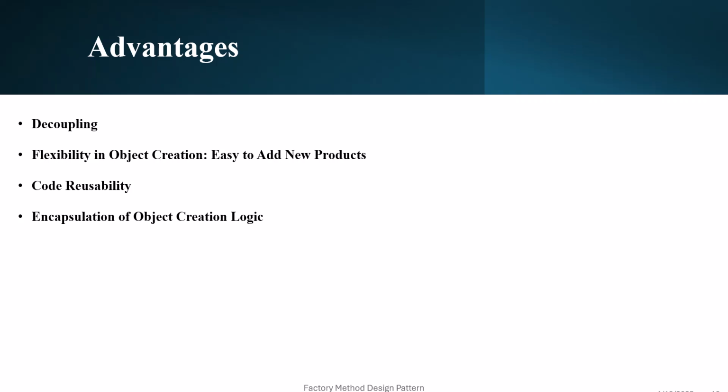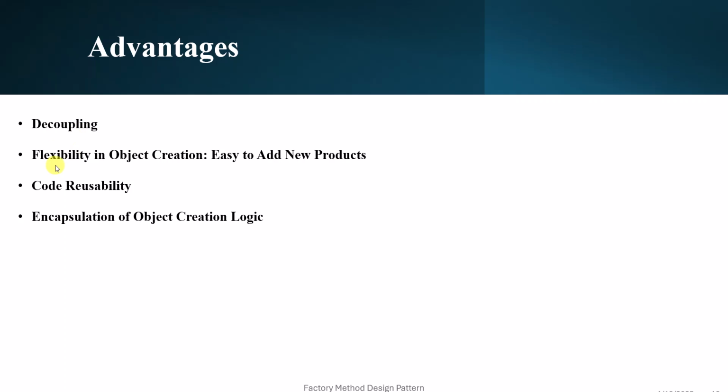Also, the client doesn't need to know which specific class is being instantiated, just that it adheres to the product interface. So this is one of the very important advantages of using this design pattern.